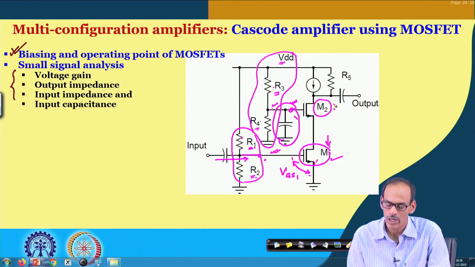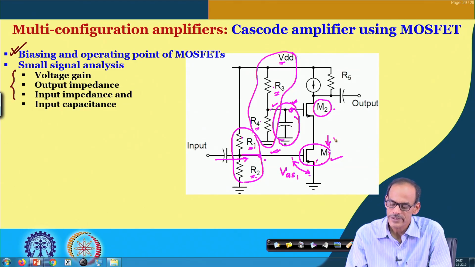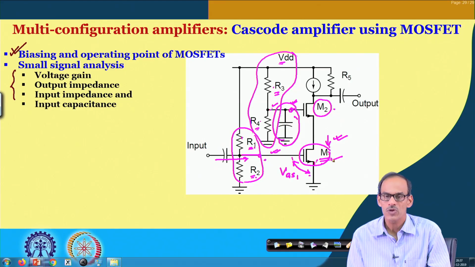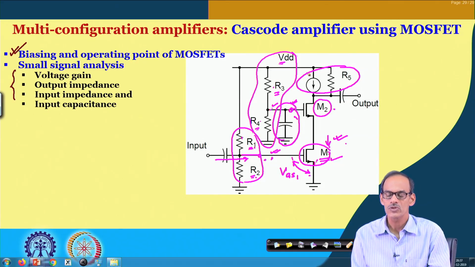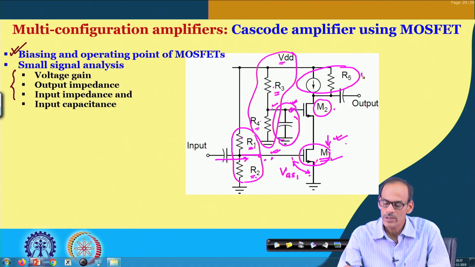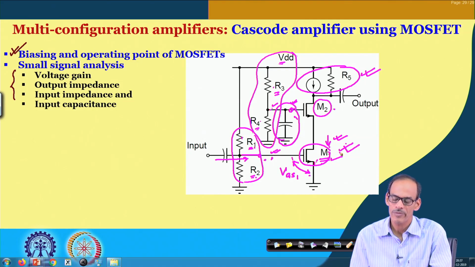So, M2 is not having any problem, but whatever the current is, defined by the size of M1 and its corresponding bias, it must be consistent with whatever the bias circuit we have here. So, similar to the BJT counterpart, the matching of the current source here and the DC current of transistor 1 coming from its bias is very important.